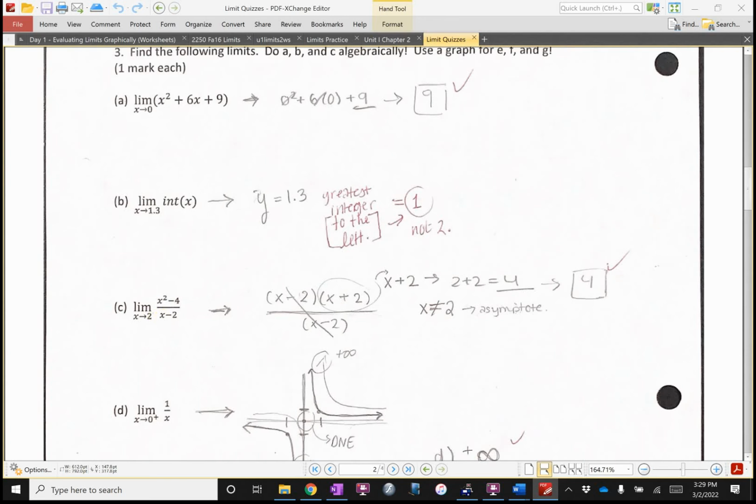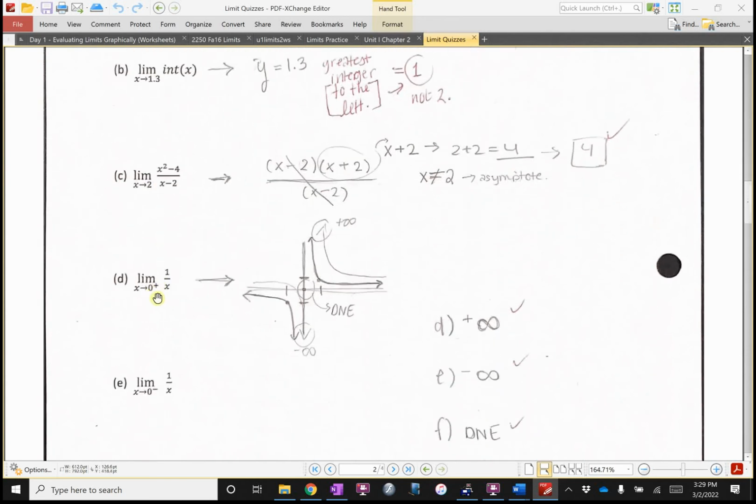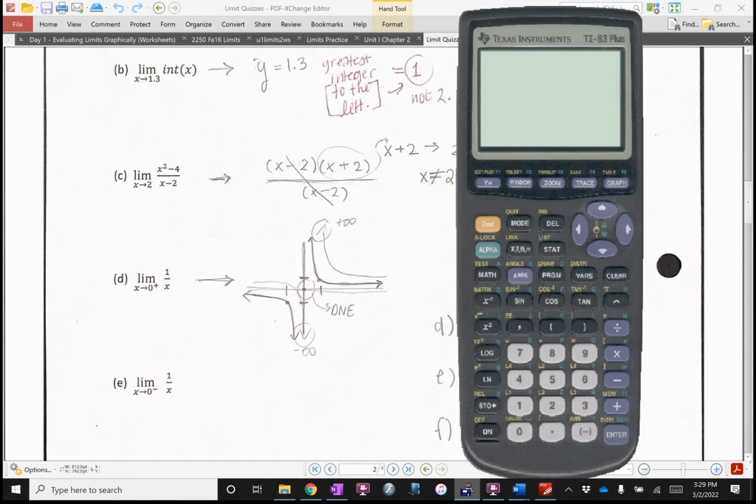Here, factor. Here, approaching 0 from the left. Now, if you know what the graph looks like, or if you have a graphing calculator, great. But even if I did not, I would say, okay, I'm approaching 0 from the right. I'm going to put in a number slightly bigger than 0, and then a little closer to 0 from the right.